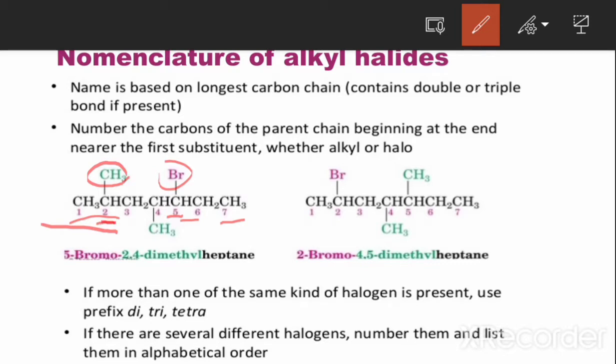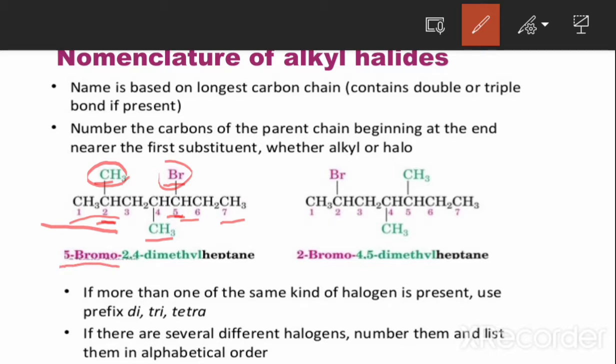In the second example, there are two groups that are the same, that is the methyl group, and one is the halo group. So on the fifth carbon there is a bromo group, so we will name it 5-bromo.